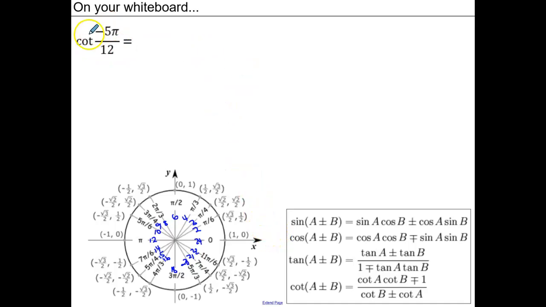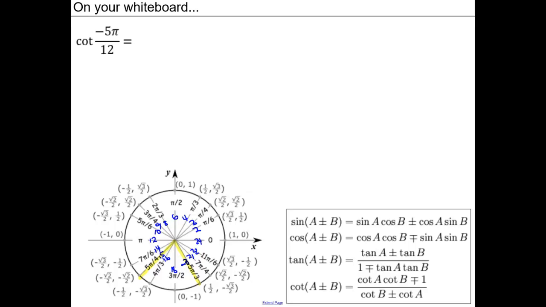So I'm not going to find two angles that add to be negative 5 pi over 12 because these are all positive, but I can find two angles that subtract to be negative 5 pi over 12. For example, here I have 15 pi over 12 and 20 pi over 12. So if I take 15 minus 20, I get that negative 5 that I'm looking for.